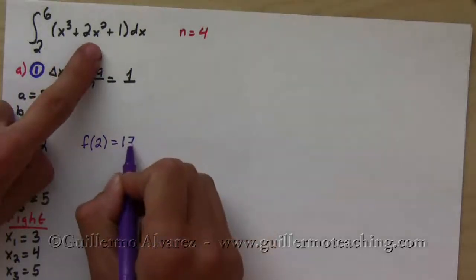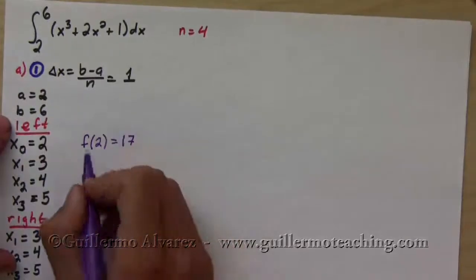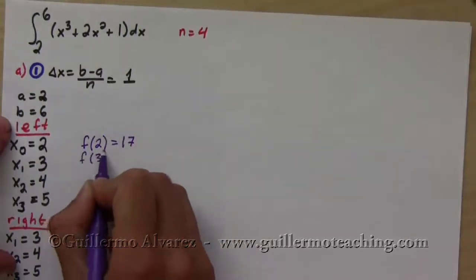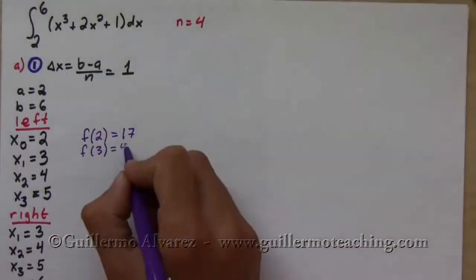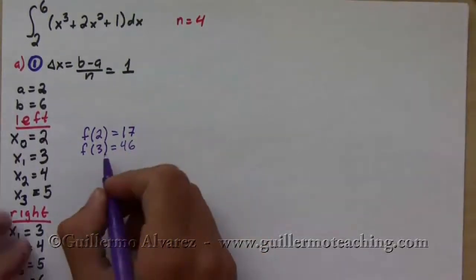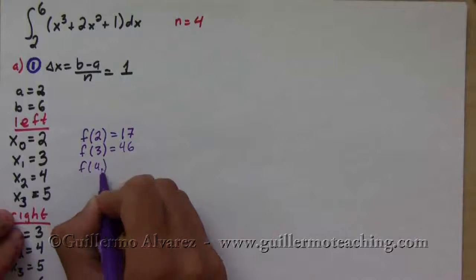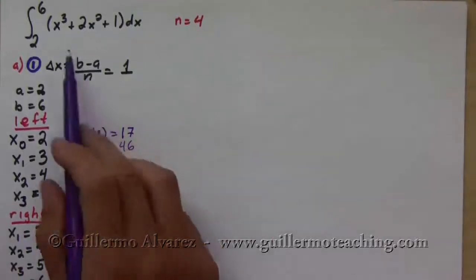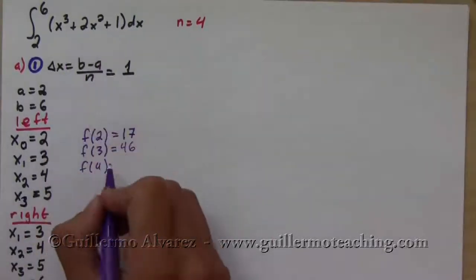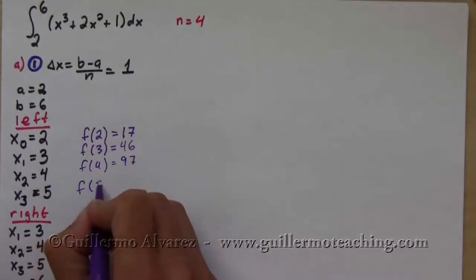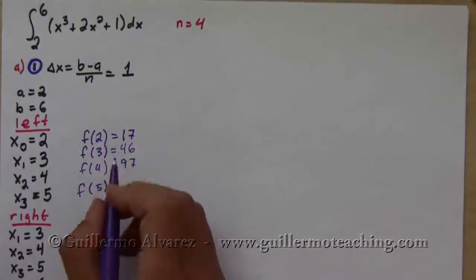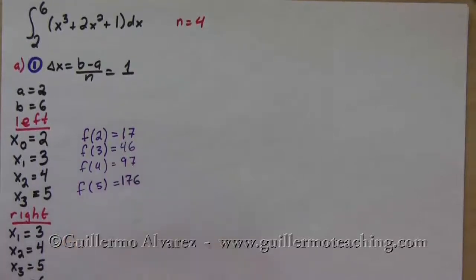So this is going to be 17. And f of 3 is 46. F of 4, if I plug 4 into the function, I would get 97. And f of 5 is equal to 176.